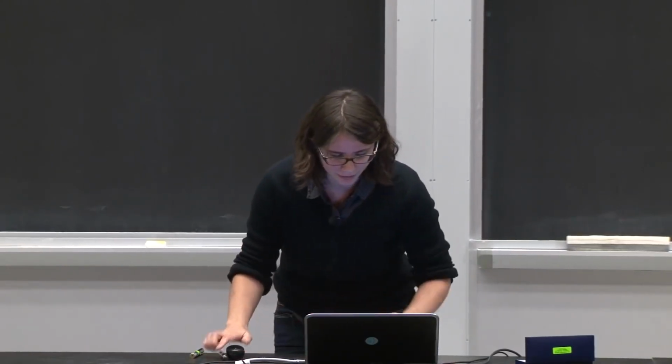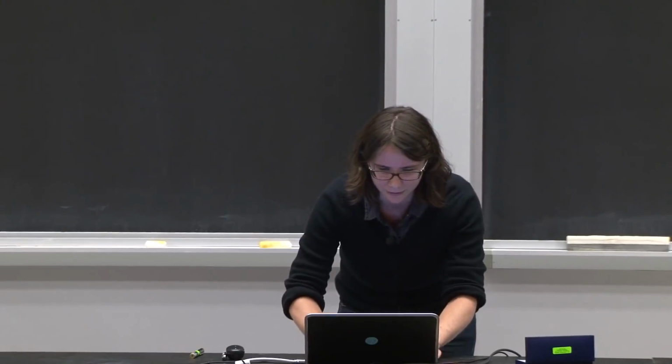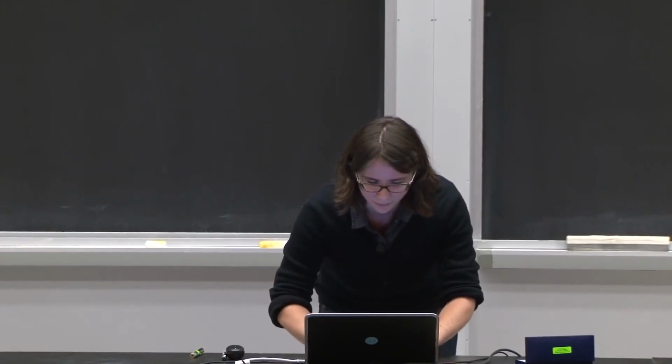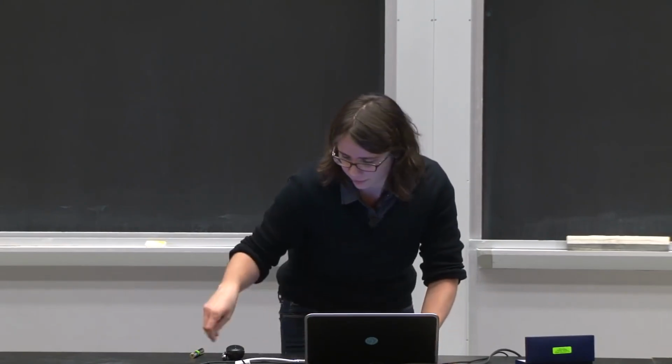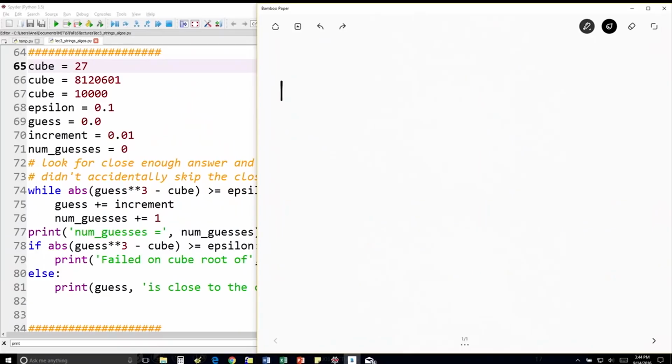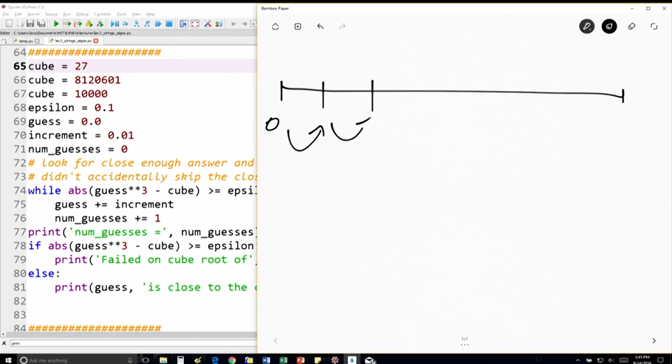So what ended up happening is this problem here. I'm going to draw something. According to the code, I'm going to start from 0 and increment my guesses like that. With every little increment, I'm going to make a new guess. I'm going to take that guess to the power of 3, subtract the cube, and figure out if I'm less than epsilon.